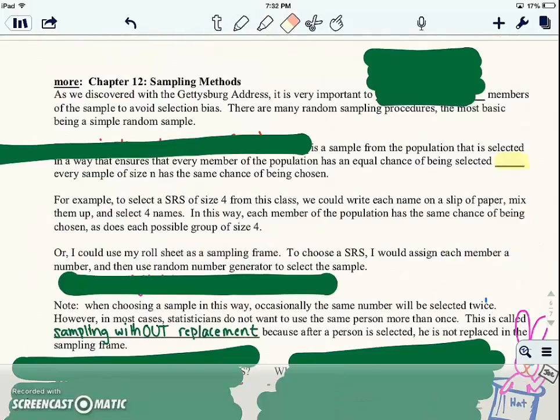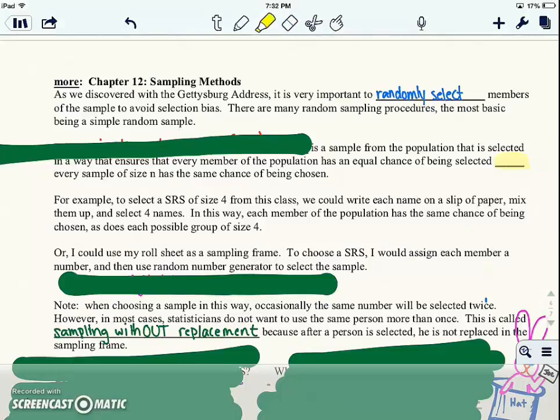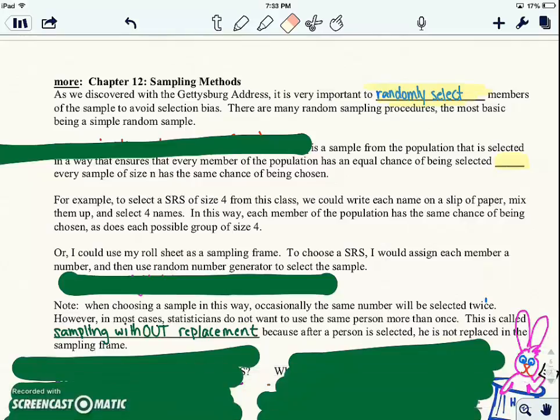As we discovered with the Gettysburg Address, it is very important to randomly select members of the sample to avoid selection bias. I can't say that enough. There are many random sampling procedures, the most basic being a simple random sample, and pretty much everything we do will either be a simple random sample or have a simple random sample in it.